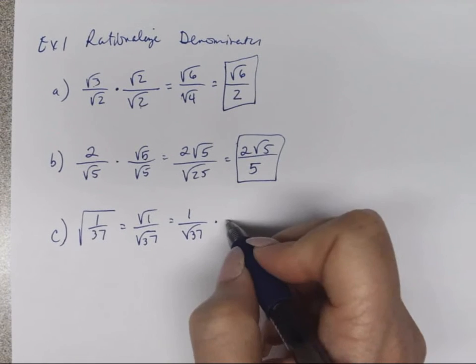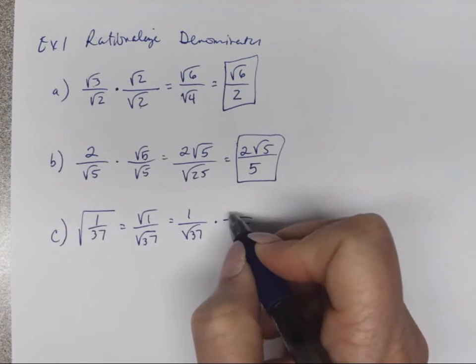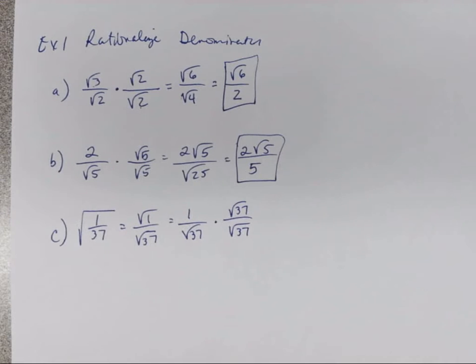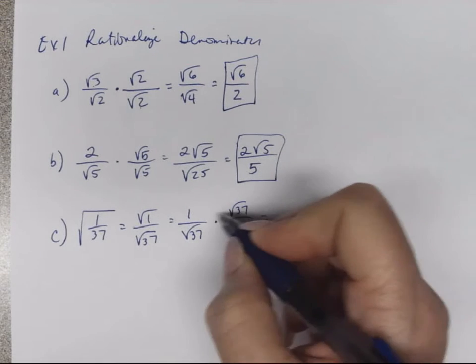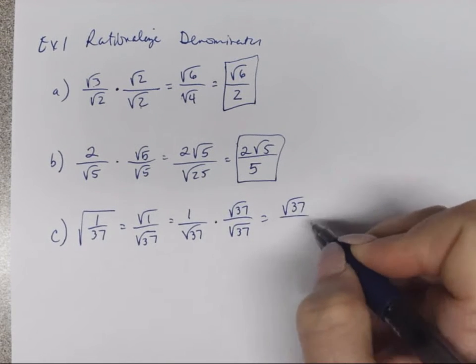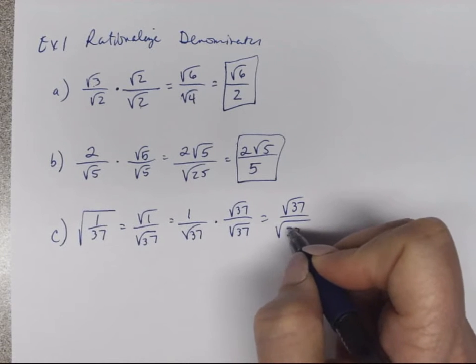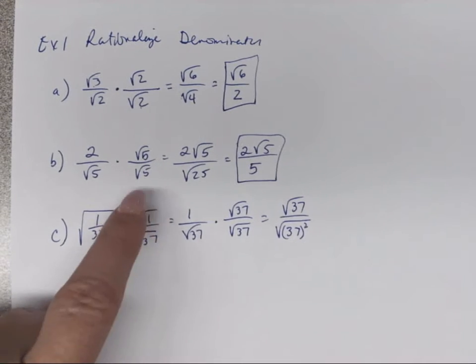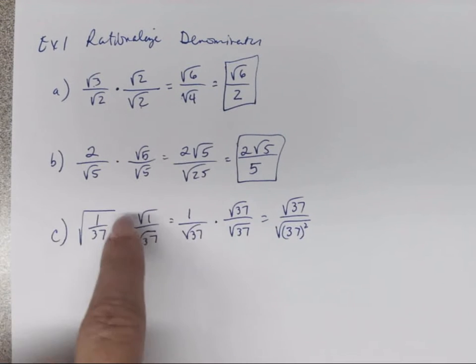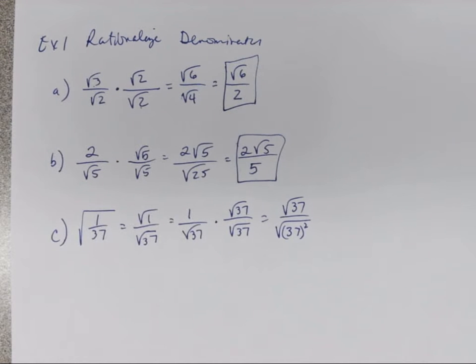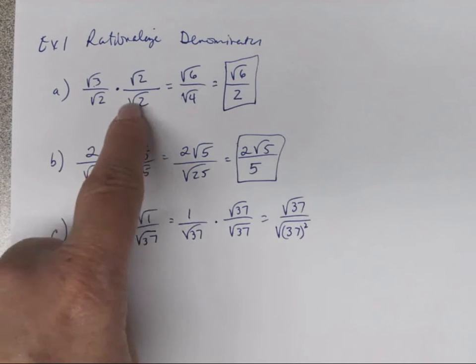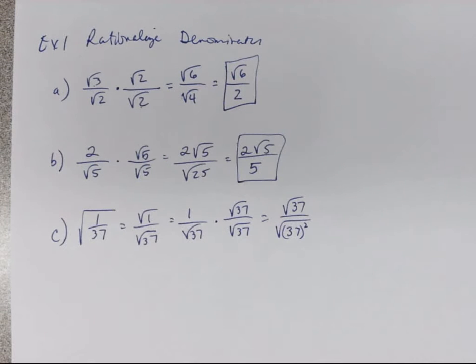Now, the square root of 37 becomes our issue, so we're going to multiply by the square root of 37 over itself. On the top, we end up with the square root of 37. On the bottom, we end up with the square root of 37 squared, which is the same thing we've been doing up here, but these were smaller numbers. Because those were smaller numbers, we just multiplied and knew our square roots.